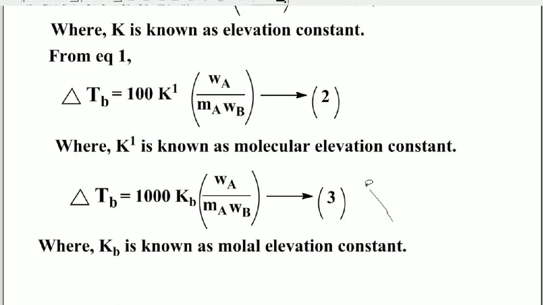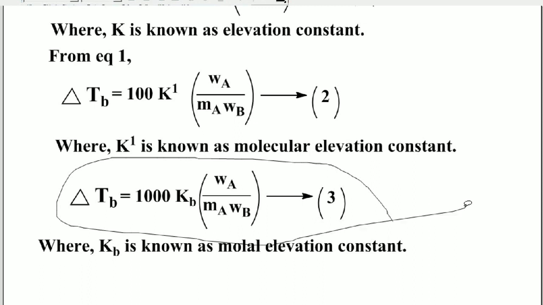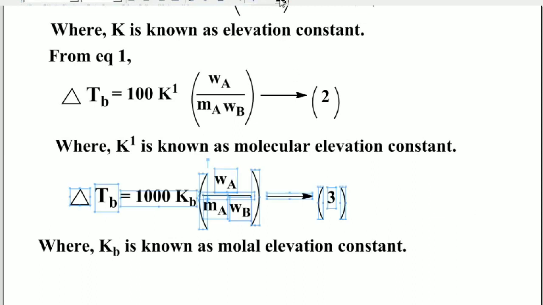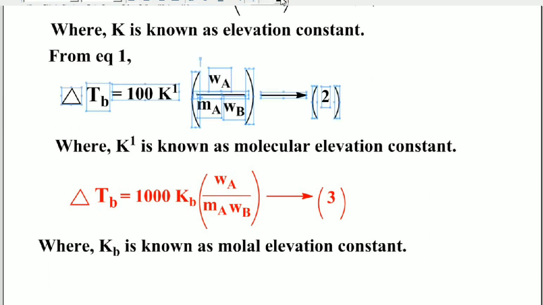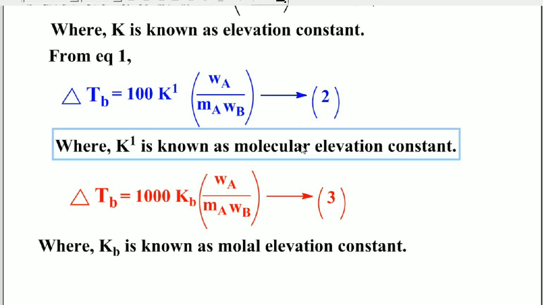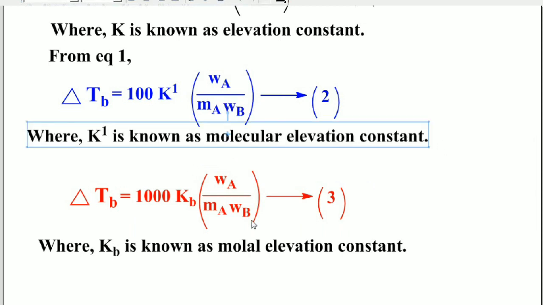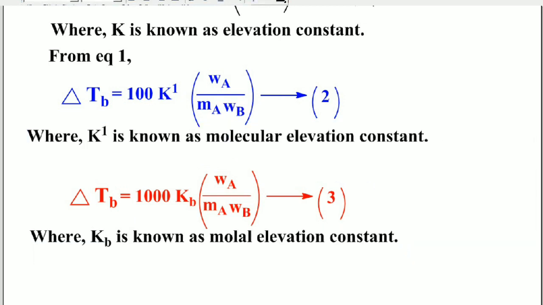And the third, delta Tb is equal to 1000 into Kb into Wa by Ma into Wb. These are the relations we can use to solve numerical problems based on elevation of boiling point. You should remember these three formulas.